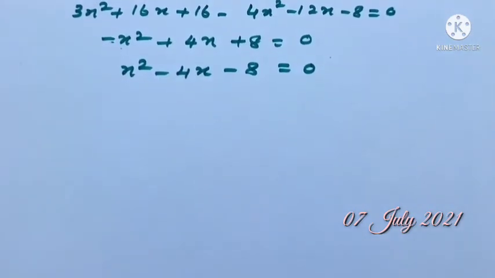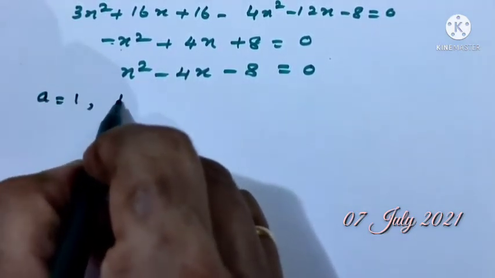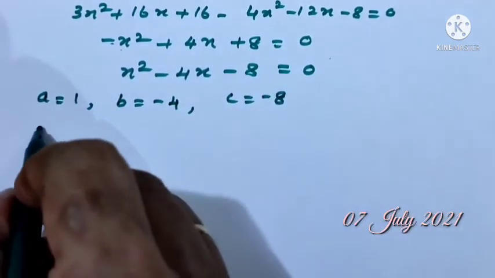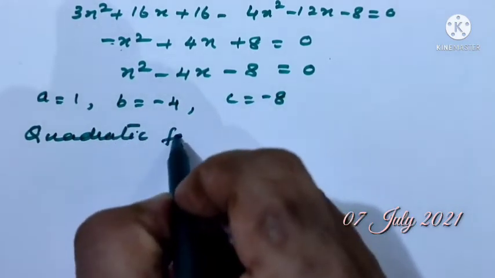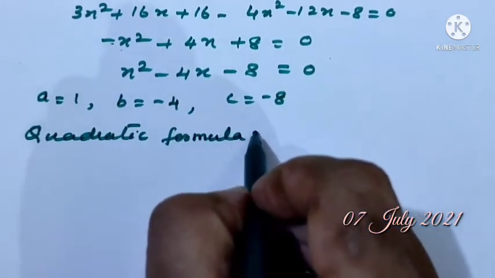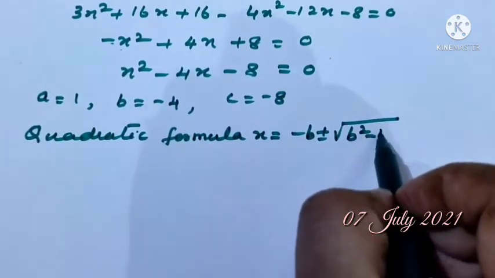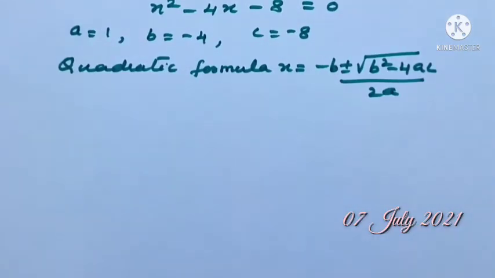This is the quadratic equation we are getting after the simplification. Now we can use the quadratic formula only. So we will write a equal to 1, b equal to minus 4 and c equal to minus 8. Now the quadratic formula: x equal to minus b plus or minus root of b square minus 4ac by 2a.